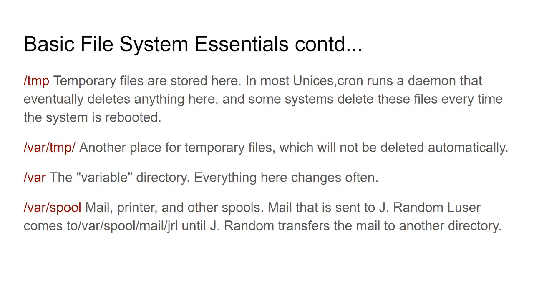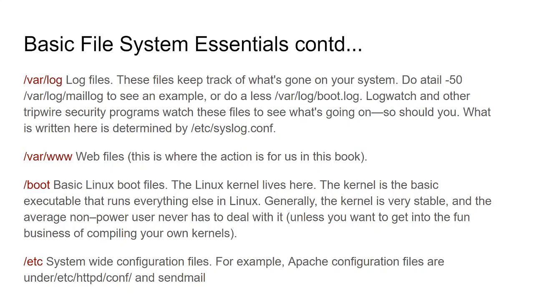And slash var is the variable directory. Slash var slash spool is the mail, printer or other spools that are having the same path. And slash var slash log is nothing but where you have the log files. Log can be anything, mail log or even the system log. Slash var slash www is nothing but the location of the web files.